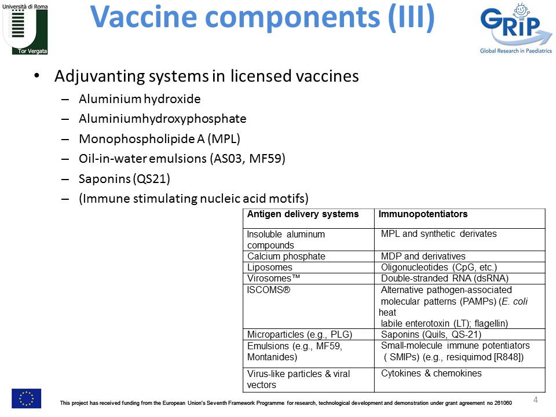On the upper left part of this slide, you have a summary of adjuvanting systems which occur in licensed vaccines, like the well-known aluminum hydroxide, aluminum hydroxyphosphate, monophospholipid A, the oil and water emulsions, the saponins, and immune-stimulating nucleic acid motifs. We will come back to that in a minute.